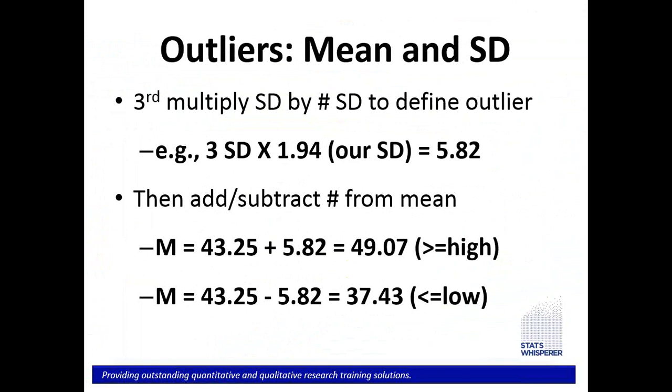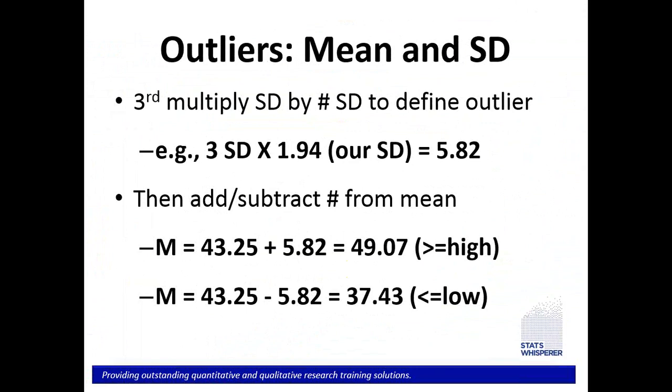So recall our standard deviation for income was 1.94. We multiply 3 times 1.94, which equals 5.82. Now, the mean was 43.25. If we add 5.82, the 3 standard deviations, we have 49.07. That means any score above 49.07 is an outlier score, an extremely high score.